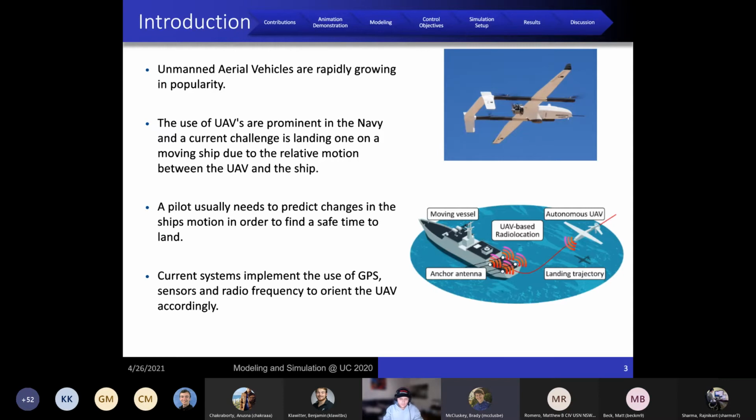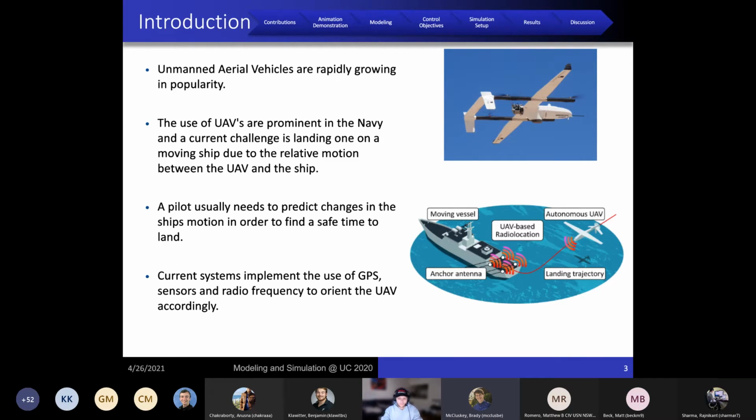Just to give a brief introduction, unmanned aerial vehicles are rapidly growing in popularity in multiple different industries. The use of UAVs is prominent in the Navy, and a current challenge is landing one on a moving ship, due to the relative motion between the UAV and the ship.